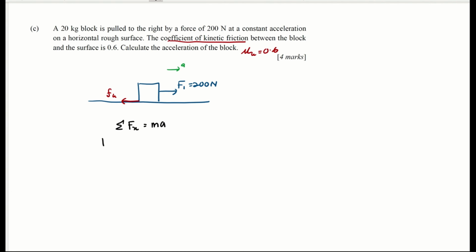So we're going to have F1 plus the kinetic friction, which is negative Fk, equal to ma. And then F1 is 200, we can straightly substitute, minus mu n. So mu is 0.6. But we're going to have normal force from the y component.